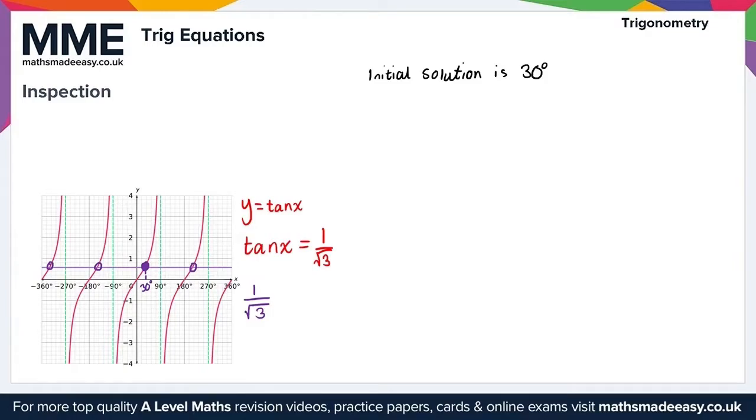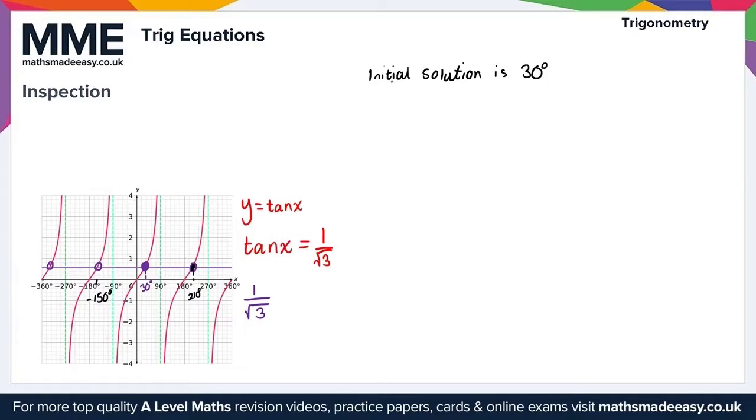So my next solution here will be 210 degrees, which is 30 plus 180 degrees, and then we would repeat that in the negative. So this is going to be minus 180 plus 30, which means that's minus 150 there, for example. Now we can simply repeat this using the fact that these are multiples of 180 degrees.